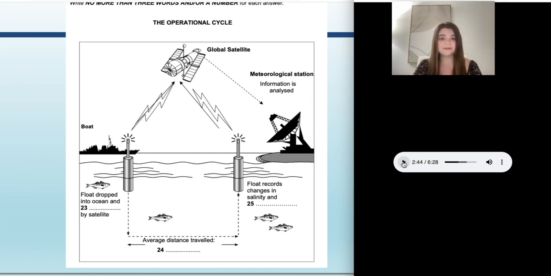The changes in temperature. There we go. Now, here's the problem: the changes in temperature, that's 4 words, right? So what word can we maybe take out, or could we rephrase this to make it more simple? Well, we could definitely just take out the, right? We could just say for 25, changes in temperature. We don't really need it to say the changes in temperature. And if we say that, we lose points because we can't have more than 3 words.